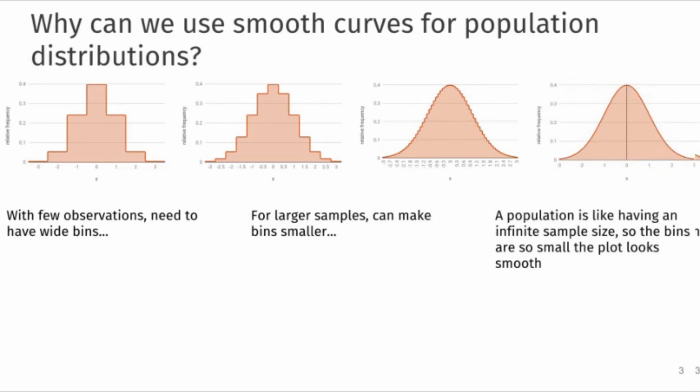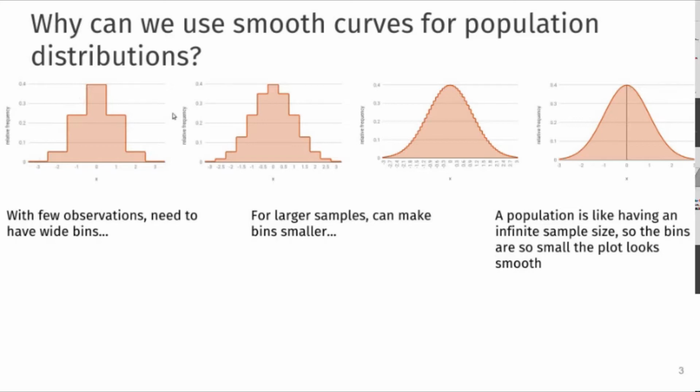And at that point, we've basically gotten to the population, and the bins are so small at that scale that the plot ends up looking smooth. So we get this nice smooth bell curve instead of the jagged histograms that we would normally have when plotting a relative frequency distribution.